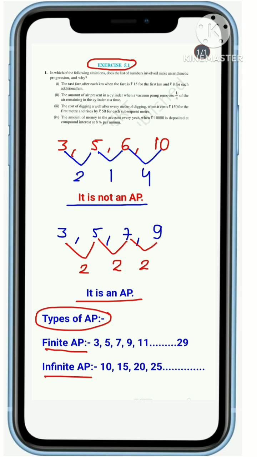Here in this example you can see last term has been given, that is 29, so it is finite AP. But infinite AP possesses unlimited terms and it has no last term. Here you can see in this example last term has not been given, it's going continuously, so it is an example of infinite AP.